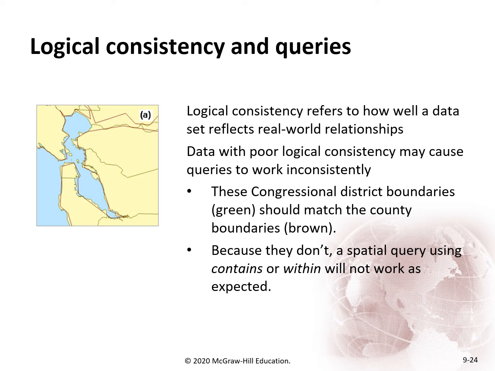So what does that mean? Because they don't line up, spatial queries using things like contain or within may yield unexpected results. Okay, so you have to be cautious of things like that.